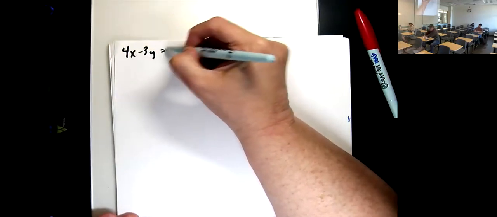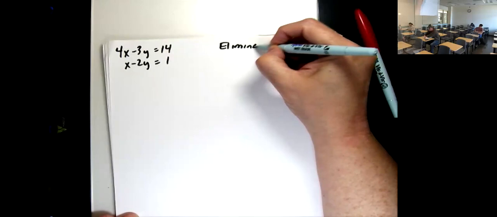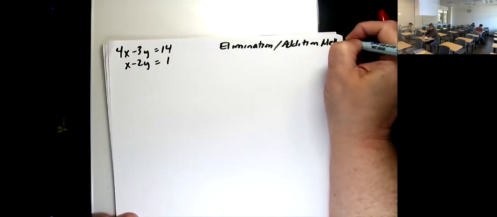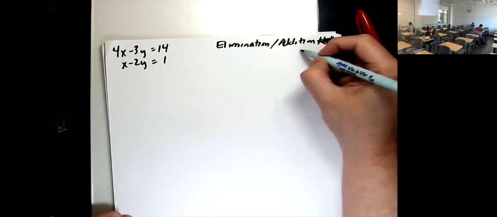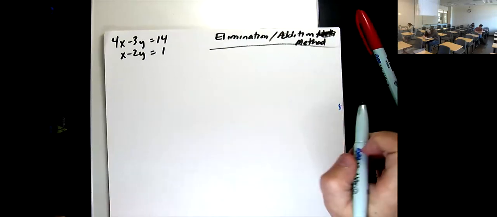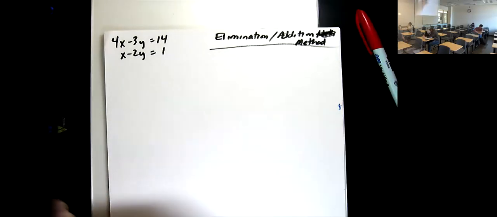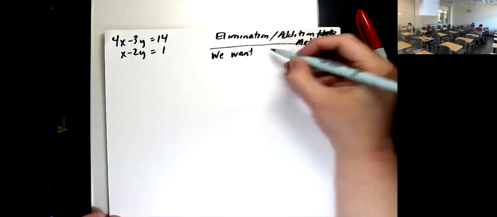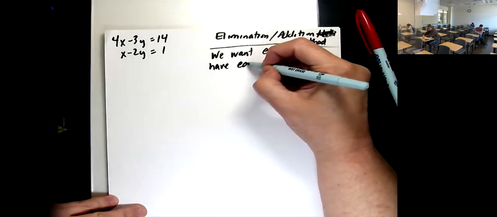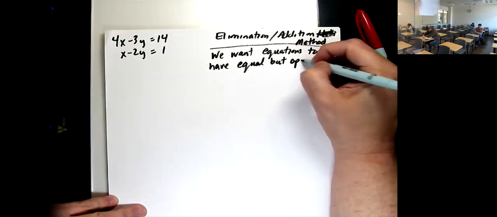All right. So same equation set. And this will be the elimination or addition method. Maybe I should say method, not abbreviate the meth. Here we want equations to have equal but opposite coefficients for one variable.